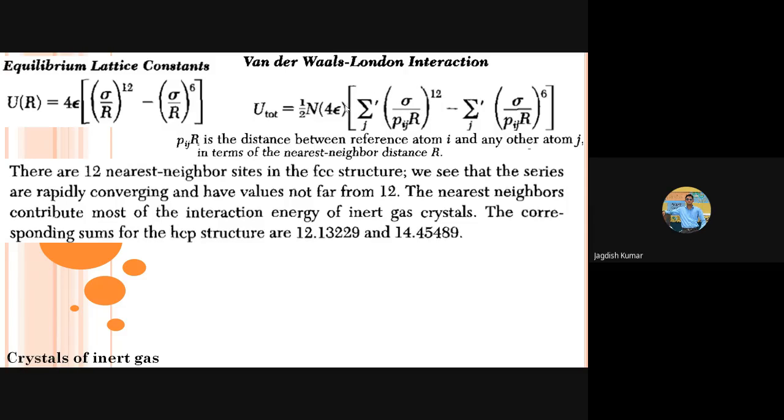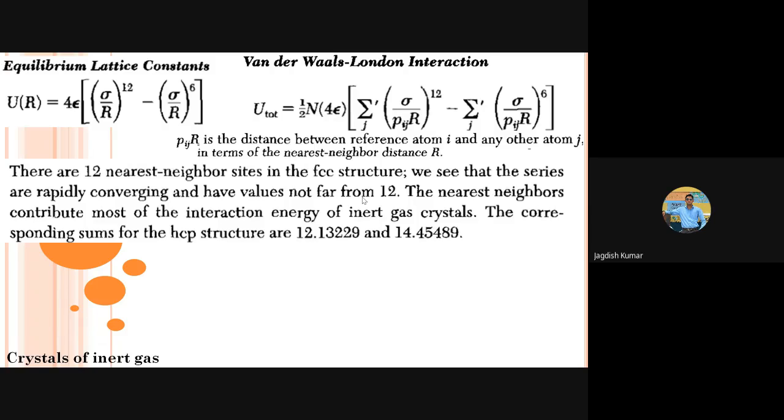Let me do it on my rough paper, and you do it in your notebook. Taking sigma by r raised to the power 12 outside, inside the summation over j prime you will be left with 1 raised to the power 12, and there will be 12 such terms for nearest neighbors.